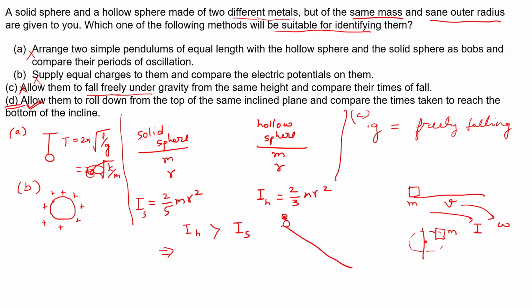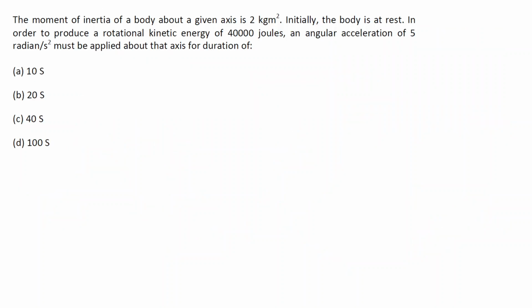That is, the way to distinguish the hollow and solid sphere in this particular question would be taking the concept of moment of inertia. Okay, now the next question. The moment of inertia of a body about a given axis is 2 kg meter square.